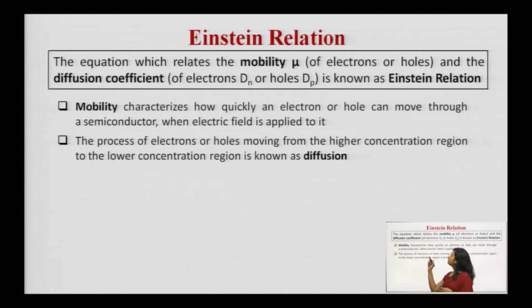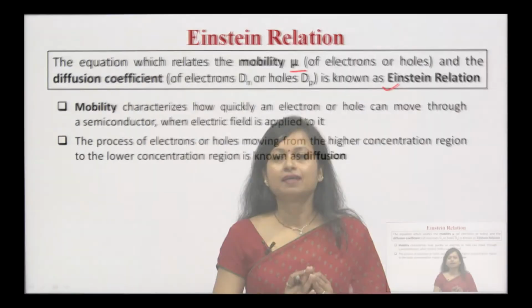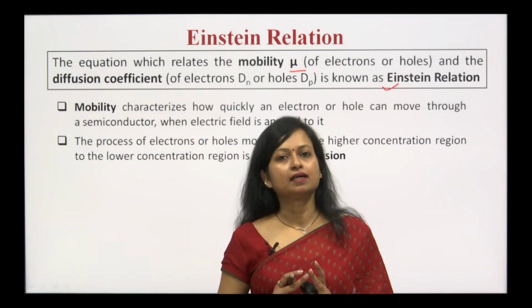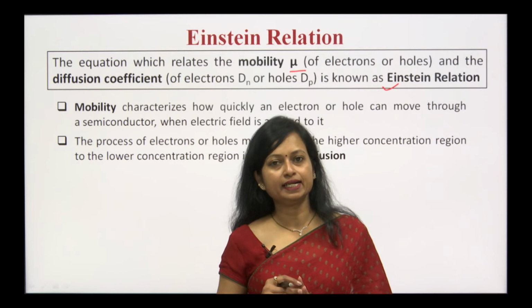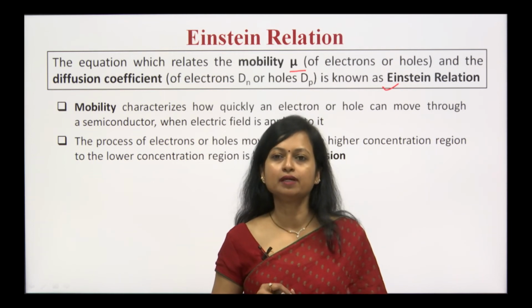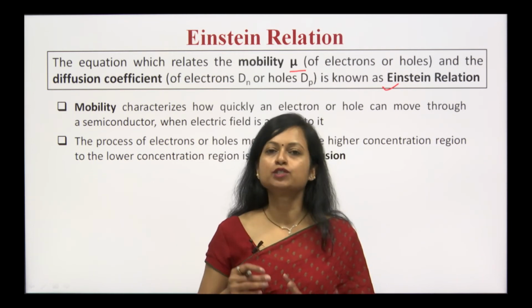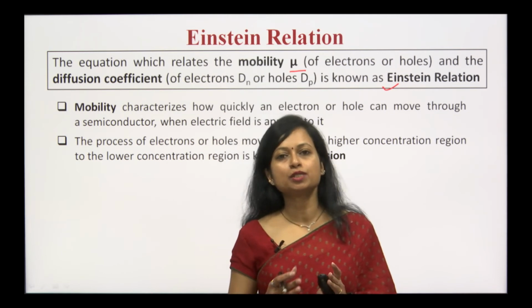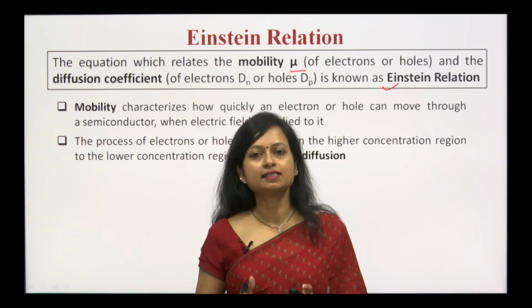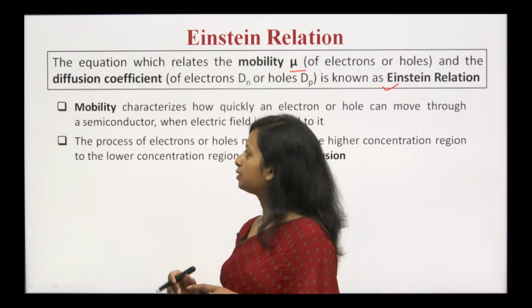So, the equation which relates the mobility mu of electrons or holes and the diffusion coefficient of electrons and holes is known as the Einstein relation. Means there are 2 parameters, 2 coefficients, one is the mobility, other is the diffusion coefficient, and the equation which gives the relationship between these two is the Einstein relation.